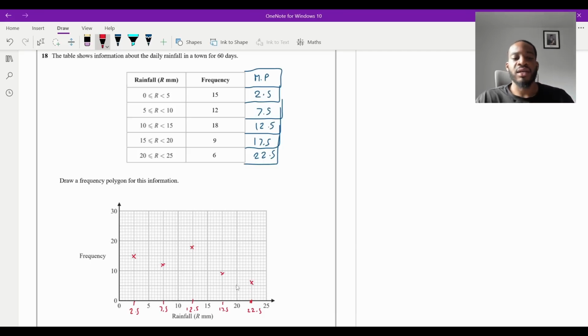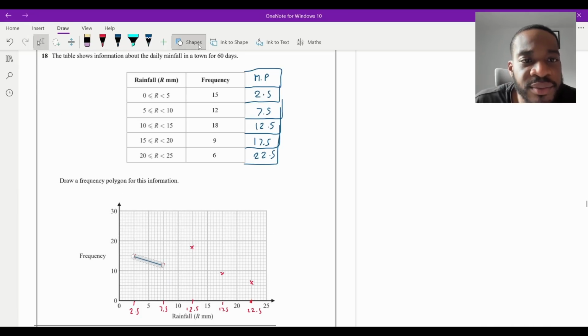And then now you've done this, all you need to do now is just join them together. So what I'm going to do is get a nice line and then join them. It's going to be like that. What I'll do, just because it's kind of difficult, I think I'll just, yeah, that's fine. And then I'll do another one. Just going to join that one. That will be like that.